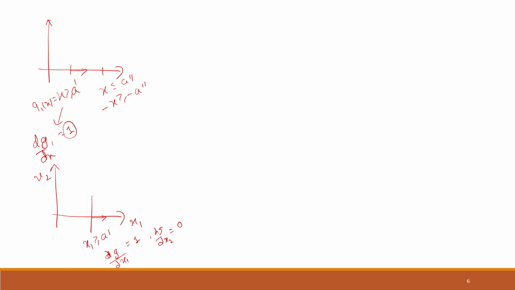If you have another function g', saying that x2 is greater than or equal to some a', then the partial derivative of g' with respect to x1 will be equal to 0, but the partial derivative of g' with respect to x2 will be equal to 1. So the direction of the gradient of this kind of constraint will be in the top direction.